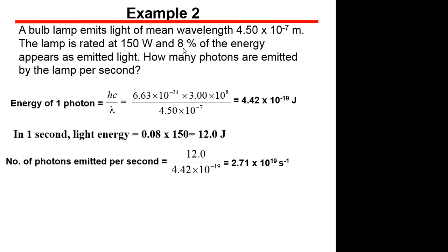On the LED packaging, it says that a 15 watt LED lamp is as good as a 95 watt normal incandescent lamp that wastes a lot of energy as heat.